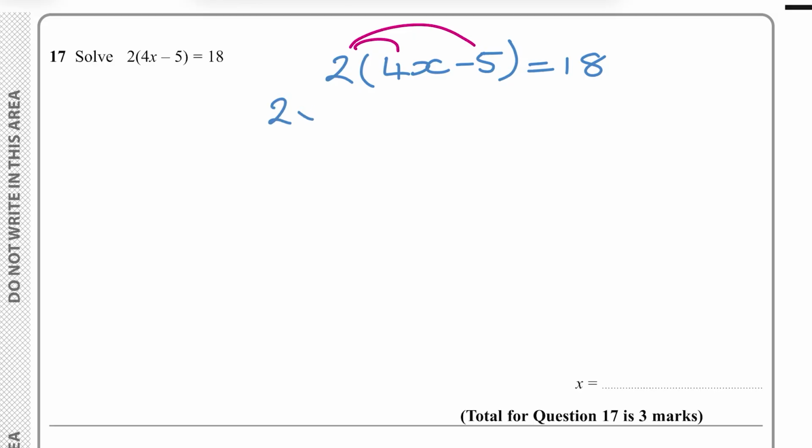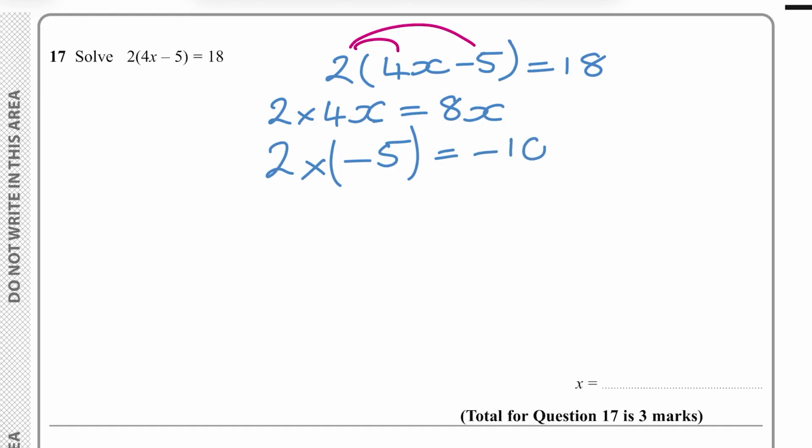So 2 multiplied by 4x equals 8x, and 2 multiplied by negative 5 equals negative 10. Now you can write it out as 8x minus 10 equals 18. So we have x here, a number term, the negative 10, and a number term on the other side. So we want to move this negative 10.